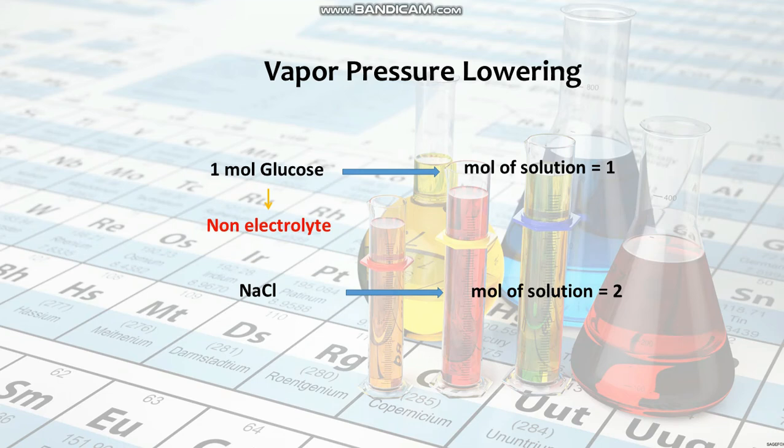So if you have 1 mole of sodium chloride, what you need to use here is not 1, but 2. Sodium chloride is an electrolyte. If you are dealing with solutes that are electrolytes that can ionize in water, make sure you are aware of that, as it's going to help you get the right answer.